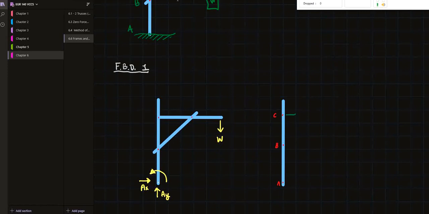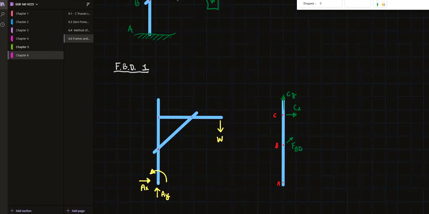So I'm going to draw C in this direction, CX. I have a CY. I have B. I'll go with a tension in that member. Force B. I guess this is BD.